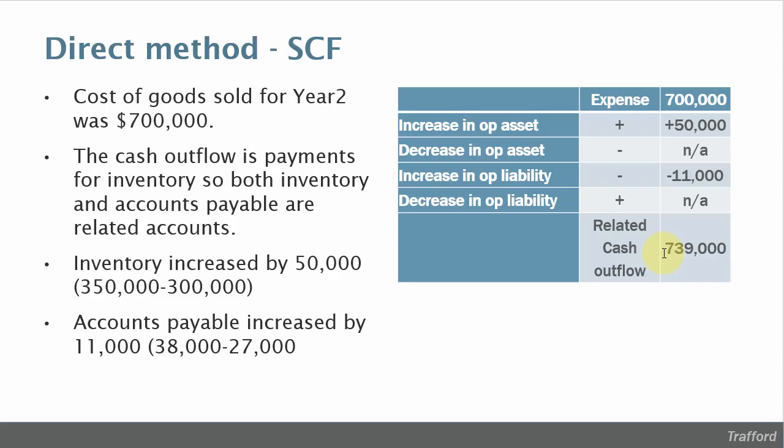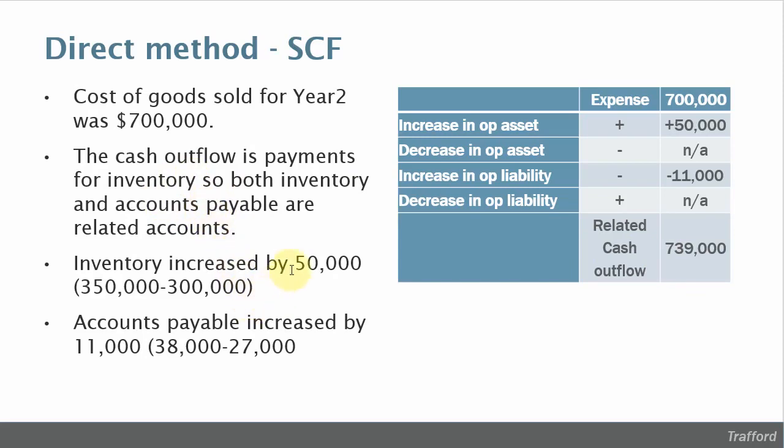Number one, when a company buys its inventory, it might buy it on credit, so it might purchase inventory and pay for it in 2 different accounting periods. Furthermore, cost of goods sold isn't the cost of inventory that was purchased during a period, it's the cost of inventory that was sold during a period. So here we have to look at changes in both the inventory account and accounts payable.